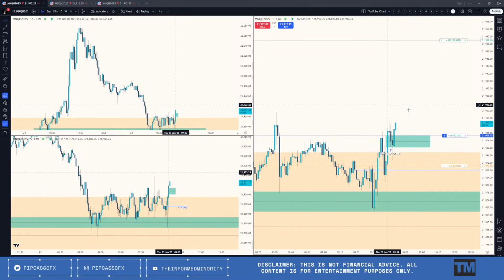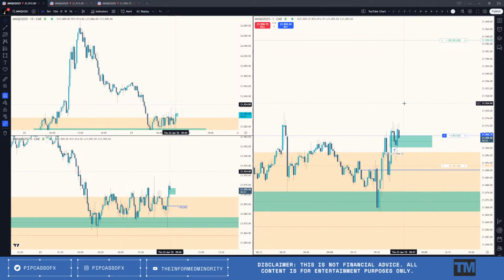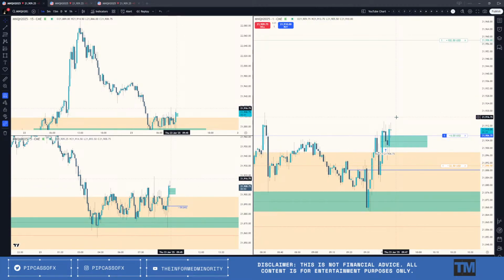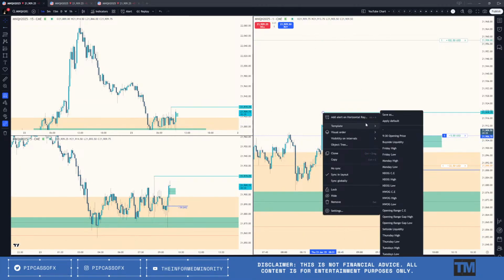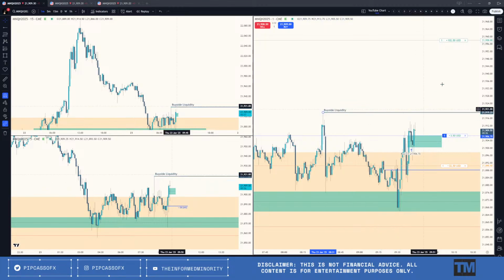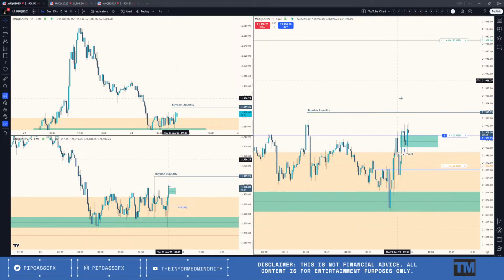We have a nice reaction there. Yeah, so we have this high that would technically be, I mean, it's not news, but there's buy side liquidity there. That could be looking to get taken out, and if it does trade above here, this needs to expand aggressively.